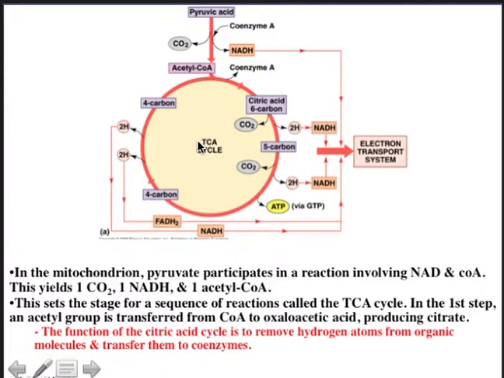The function of the citric acid cycle is to remove hydrogen atoms from organic molecules and to transfer them to coenzymes. And again, when we're saying hydrogen atoms, we really mean electrons that are associated with the carbon-hydrogen bond. So as we walk through this pathway, we're going to very slowly oxidize this pyruvic acid.